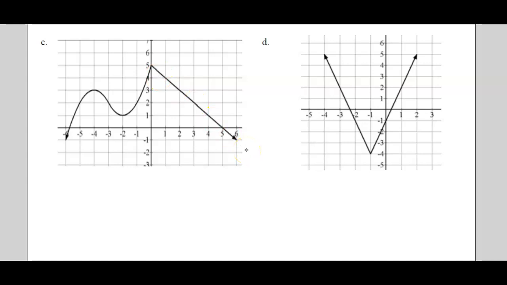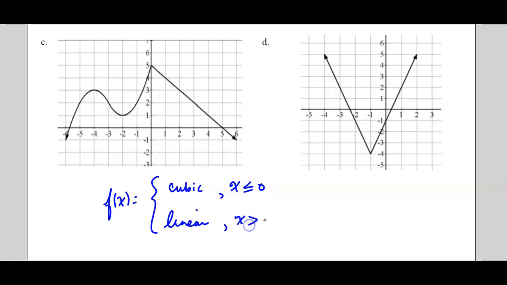So that's something where we might say, okay, f of x equals, and you'd have your cubic here, and your linear, right? And you'd say for which value, so for x less than or equal to 0, for x greater than 0. Right? That piecewise notation for Math 20.